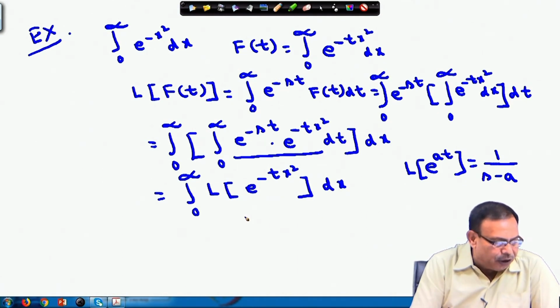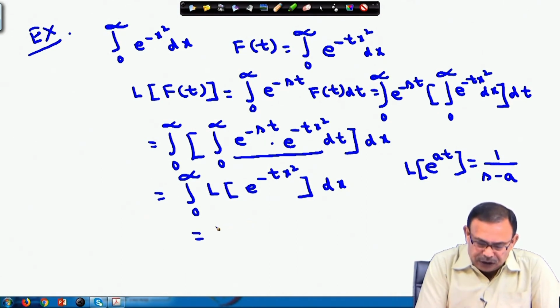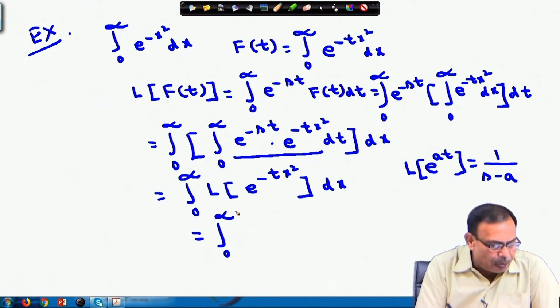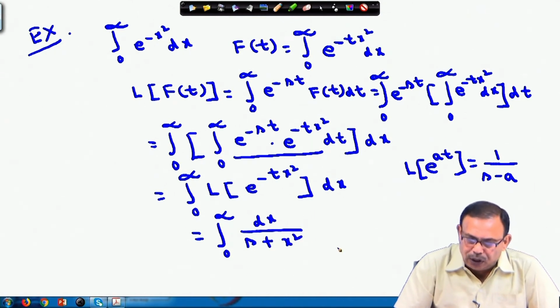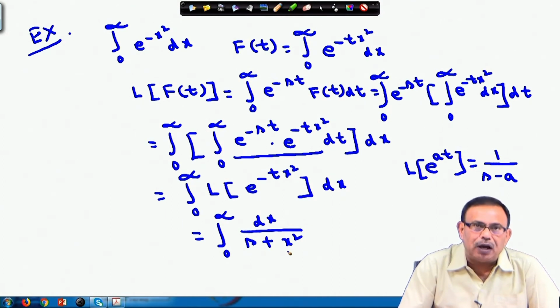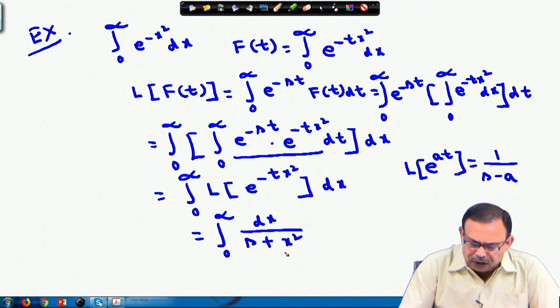So I can write this as 0 to infinity dx by s plus x square, here your a is minus x square. And I know the integration of this: it is of the form dx by x square plus a square, where a is root s.